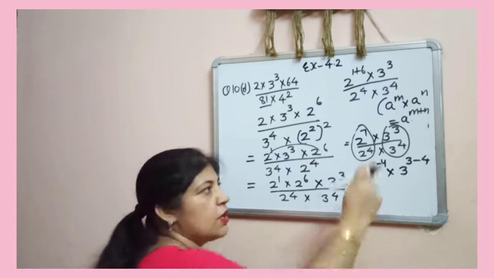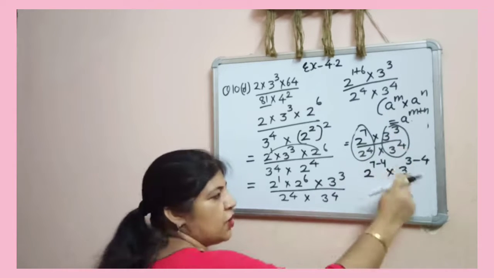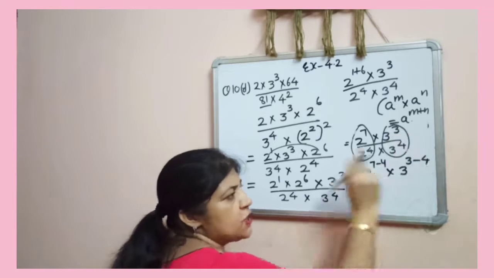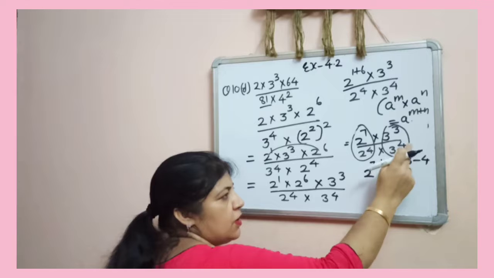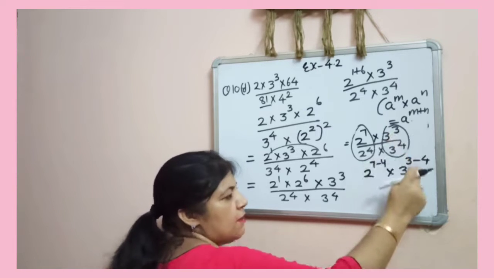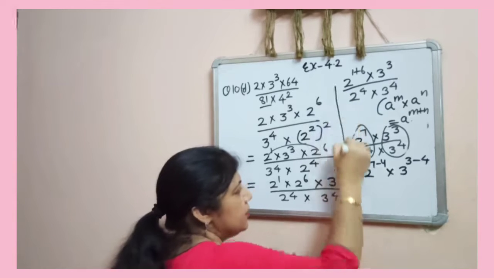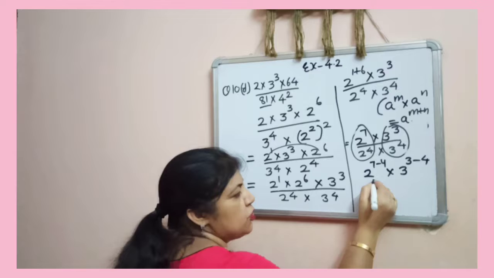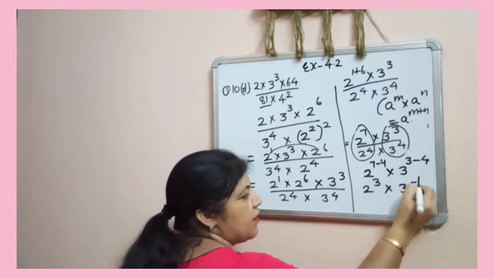No, it is m minus n, where m is 3 and n is 4. So subtract: 3 minus 4. Clear?